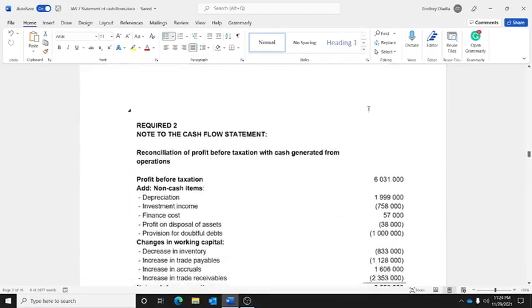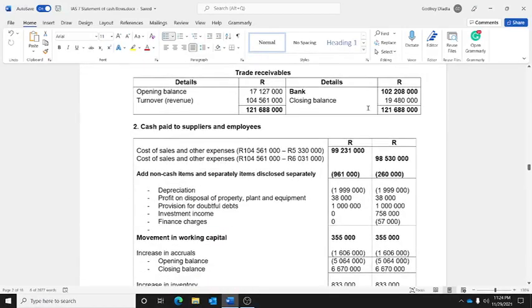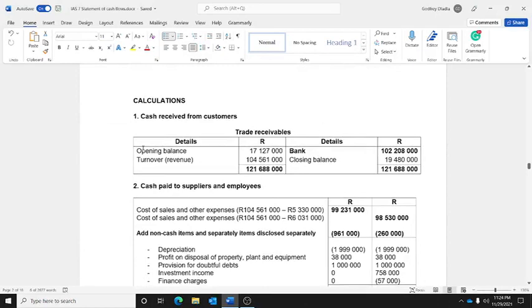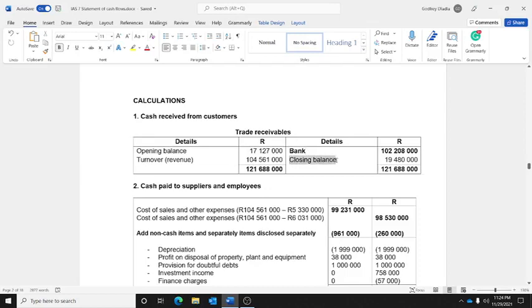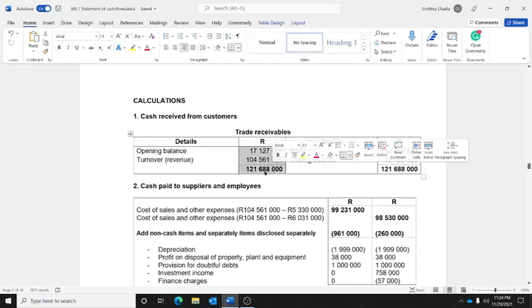Okay. Right, let's check. Here we are. Our opening is 17, which is the gross. Then our closing is 19. Then we add the debit side, which is this side. It gives us the 121,68,000. We minus the 19.